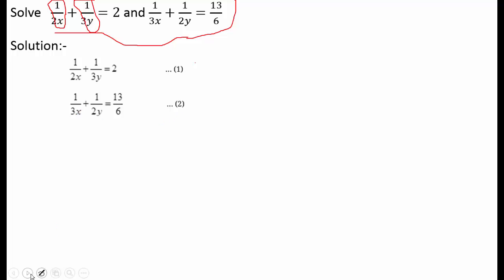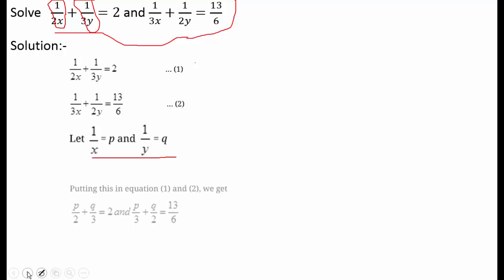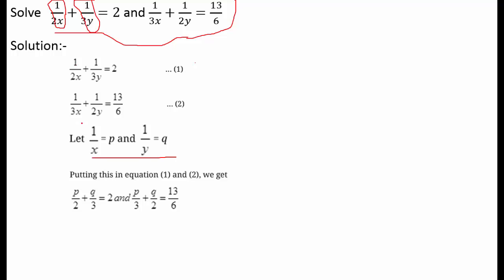Now let 1 by x equal p and 1 by y equal q. Replace 1 by x with p and 1 by y with q. We will find that p by 2 plus q by 3 equals 2 is my first equation, and this is the second equation after substituting 1 by x as p and 1 by y as q.